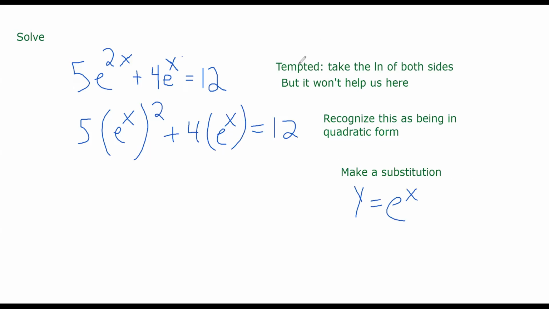And what's going to happen when we do that is this is now just going to become 5y squared plus 4y equals 12. So that's the leap that we want to make here. That's what's going to help us put this equation down.